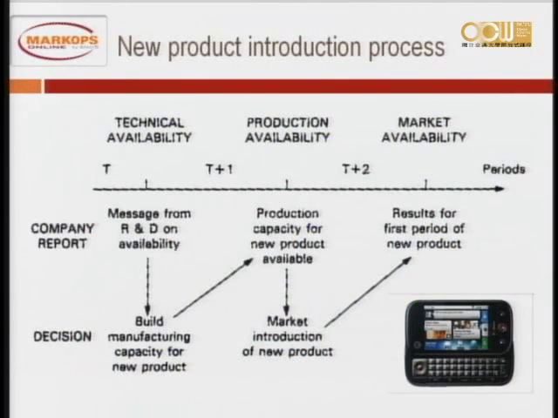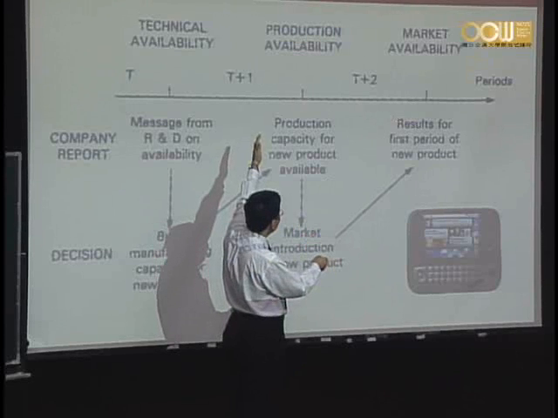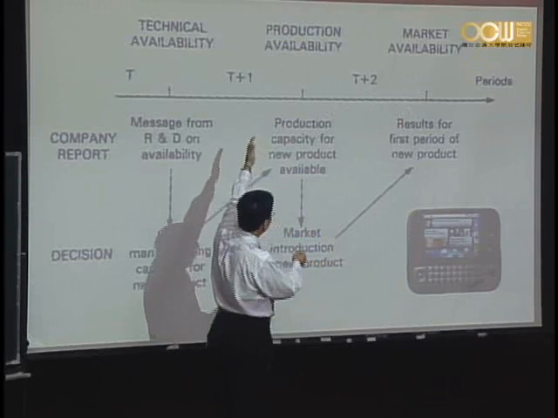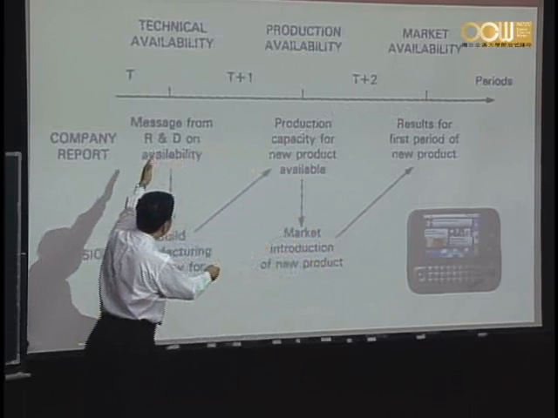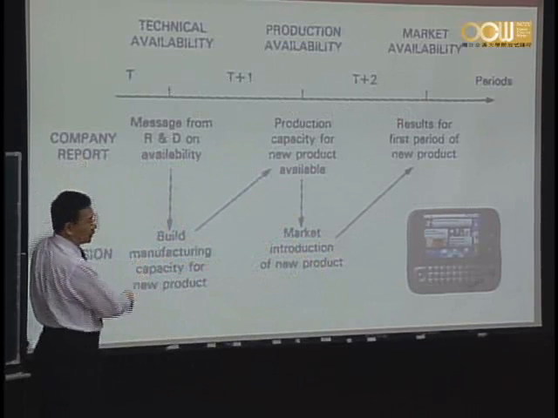There are 3 stages: technical availability, production availability, market availability. We already discussed this. So production, this is 100, all right? I need 50. So the market introduces a new product, right? So you can see here, for production you need 1 lead time. But before production availability, you need another lead time to do R&D.